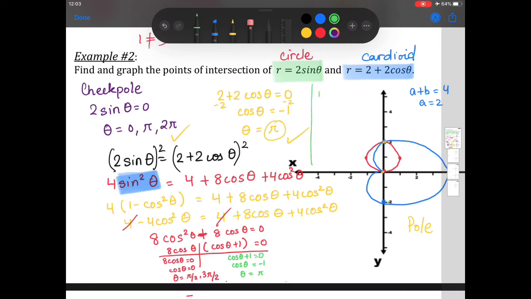All I'm doing is R is equal to 2 sine of pi over 2, which is what? 1, so I get 2. If I substitute the next one, 2 times sine of 3 pi over 2. Sine of 3 pi over 2 is -1, so 2 times -1 is -2. And if I substitute pi, I get 0, which is right here, the pole, 0, 0.